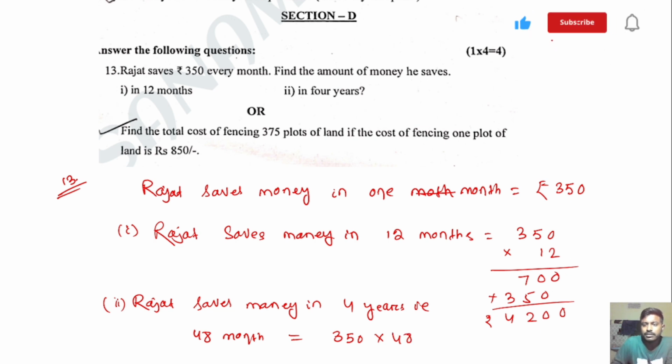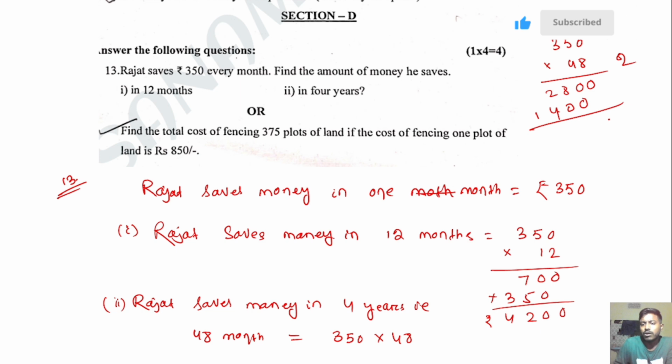Now multiply 350 into 48, that is 8 0 ja 0, 8 5 ja 40, 8 3 ja 24, 28, 4 0 ja 0, 4 5 ja 20, carry 2, 4 3 ja 12, 14. Now add 0, 0, 8, 6, 1. So answer is rupees 16,800.